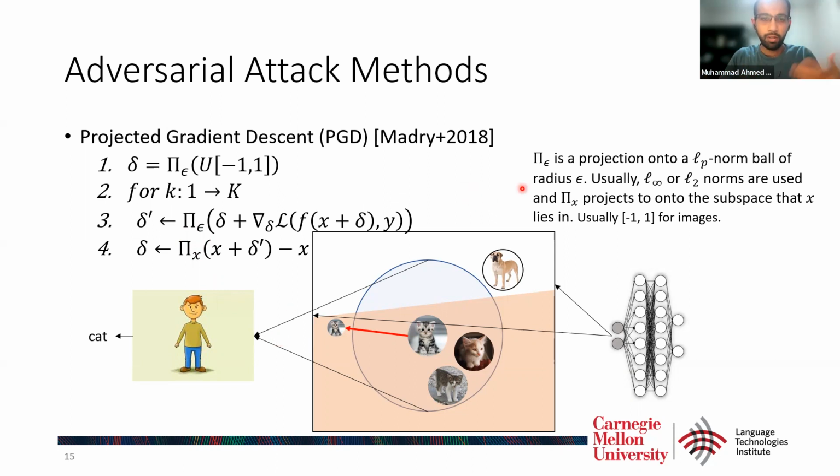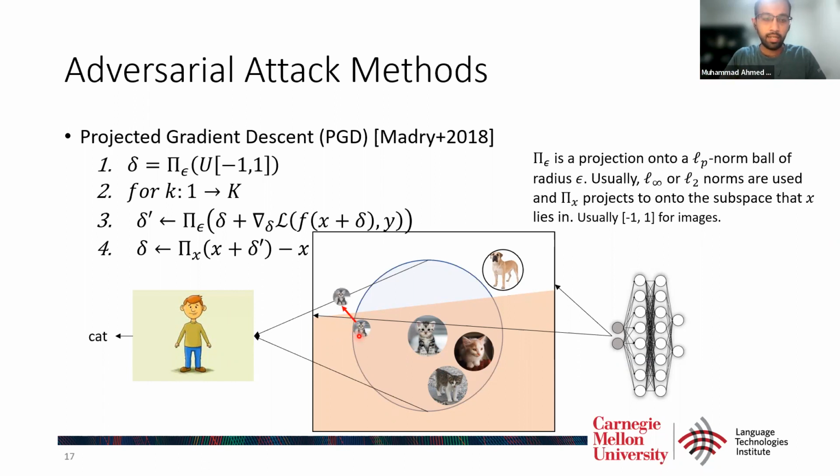What small usually means is that it has to have a very small norm, usually in L infinity or a small L2 norm. So after it takes this step, it then projects the perturbation back into the constraint set. If the step made the size of the perturbation larger than, let's say, epsilon in terms of its norm, it projects it back so that it has norm at most epsilon.